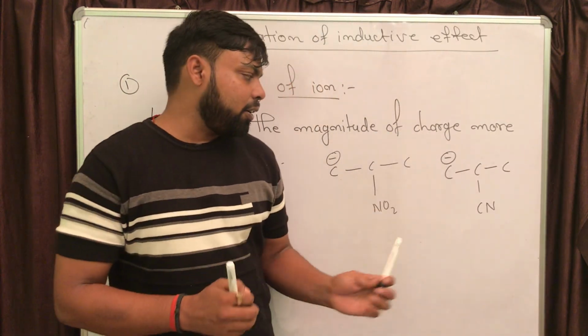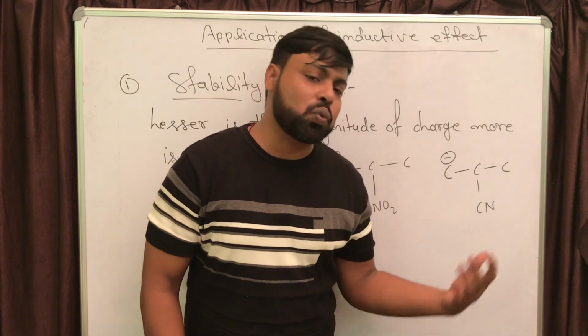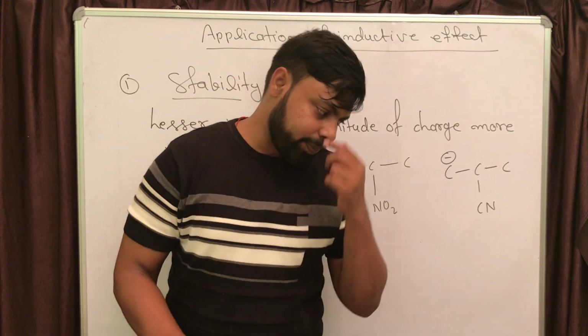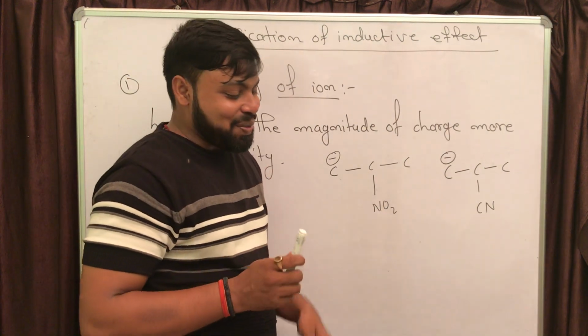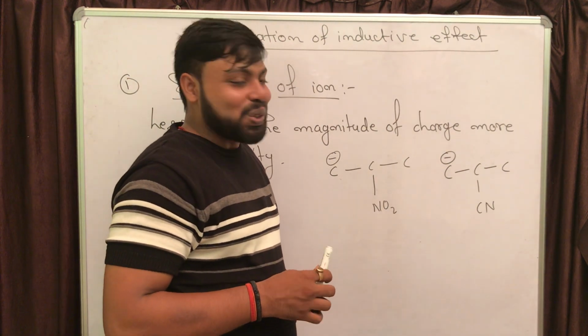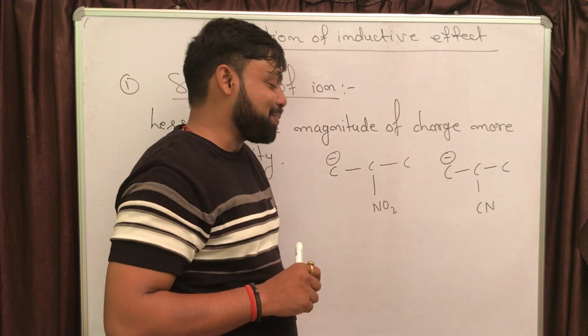So if these two species are given and it is asked which one is going to be more stable, in this case, one important thing, to solve the problem, you have to follow these steps.